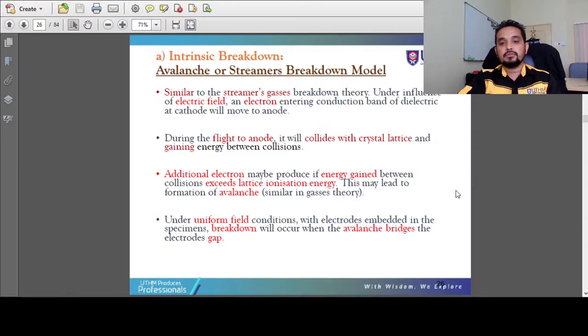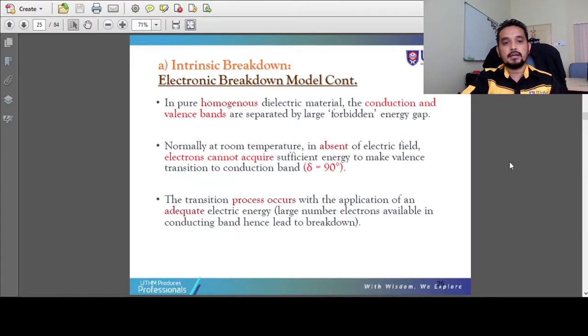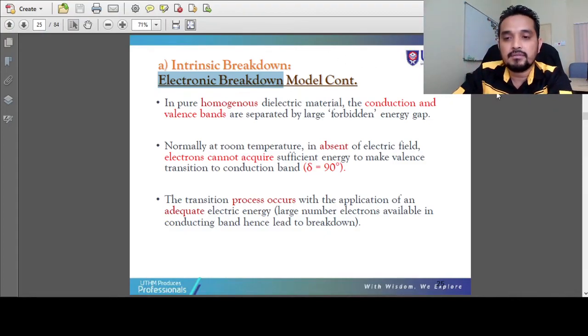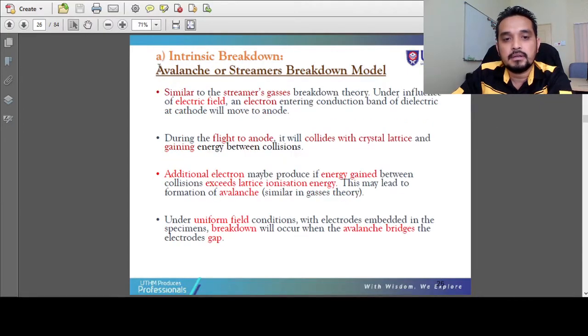So this is the secondary effect of the electronic breakdown. Electronic breakdown is when an electron manages to escape away, but the secondary effect from this will cause the avalanche or streamer effect, even in the solid dielectric material, similar to what we learned in the gas theory. So the same will happen in the solid.